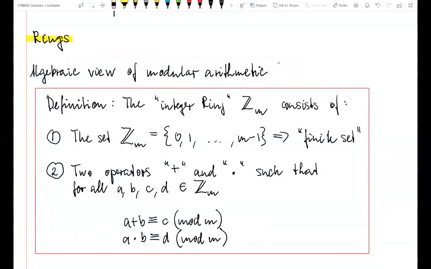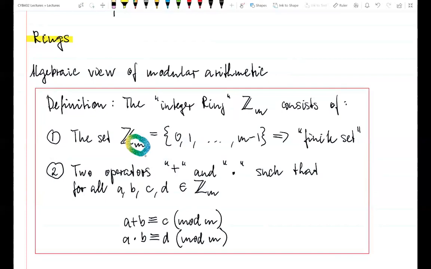So what is an integer ring? An integer ring is actually a finite set of elements. It consists of a set Zm. So remember, instead of the general infinite group of integers, the Zahlen Z, we now have a subscript here, which is m.